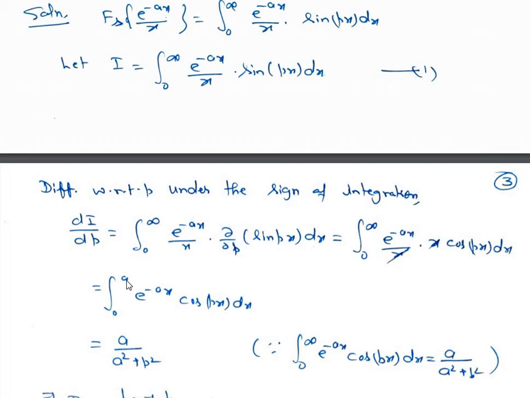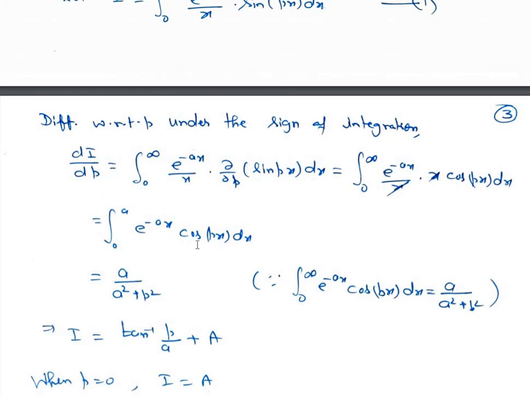So we have the integral from 0 to infinity of e to the power minus ax cos px dx, which is equal to a upon a square plus p square by this formula: the integral from 0 to infinity of e to the power minus ax cos bx dx is a upon a square plus b square.